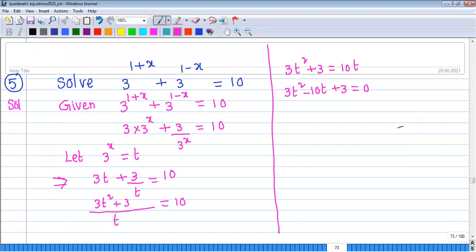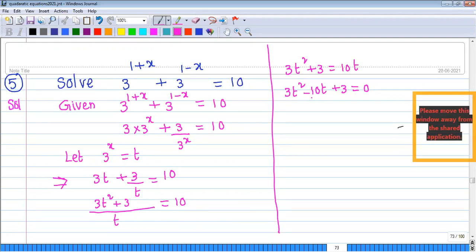So it is a quadratic equation in t. Let us solve it. 3 into 3 is 9. Product should be 9, sum should be minus 10. That means minus 9 into minus 1. So the middle term we can write: 3t square minus 9t minus t plus 3 equals 0.